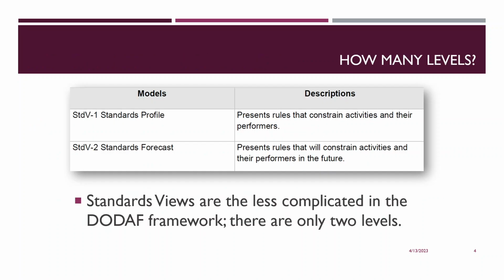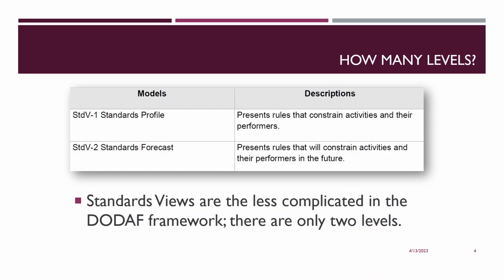Next up, how many levels are there as it relates to the standards views? It's one of the simplest ones. There are only 2 levels. You have a StdV1 and a StdV2, a profile and a forecast. Forecast is nice.